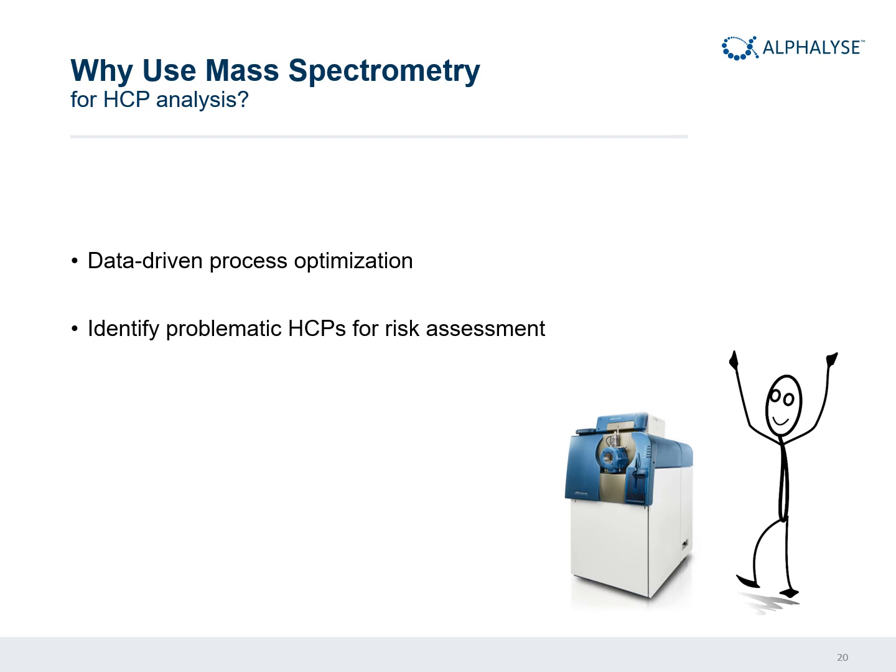You can make decisions if you want to remove those or if you are satisfied with what you see. You can control once you scale up the process, very easy to compare and keep an eye on what's going on while you are scaling up. And you can use it to select the best ELISA assay. So there's a lot of reasons why you should use mass spectrometry as part of your biologics project.